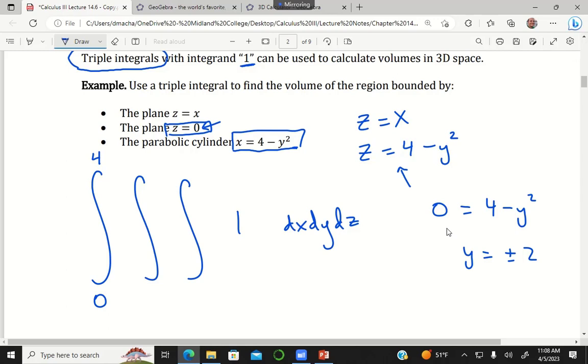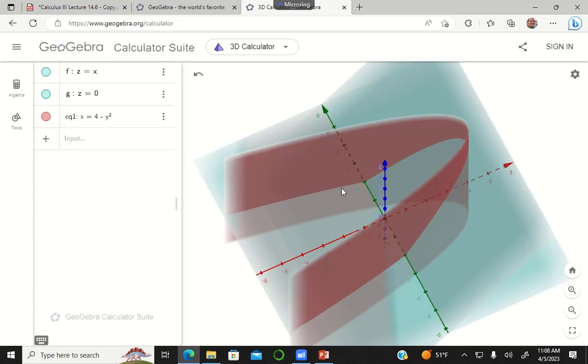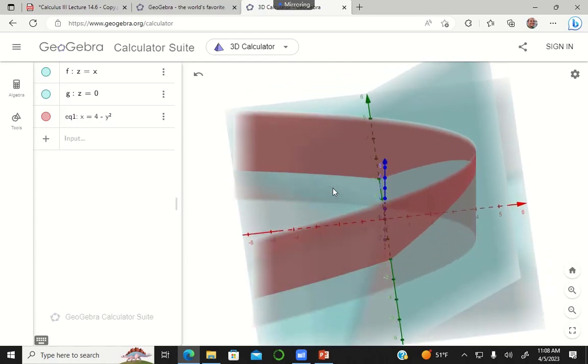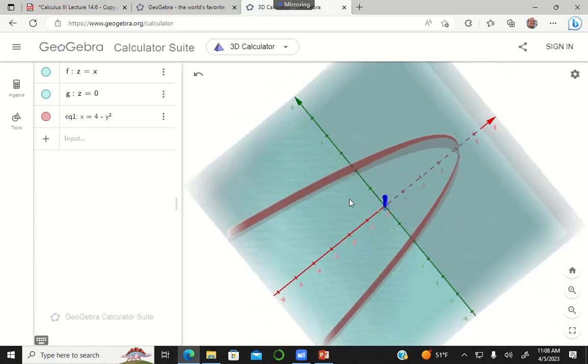So anyways, y is allowed to be anywhere between -2 and positive 2, but I don't think it's actually going to be constant, right? If I gave it the constant numbers, then it would give me the rectangular region, but I don't want the rectangular region. This has kind of a silly shape to it.